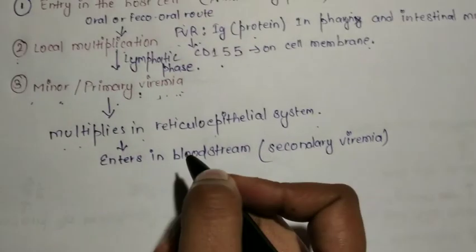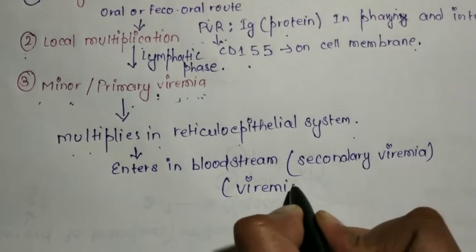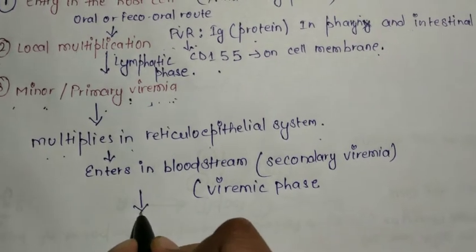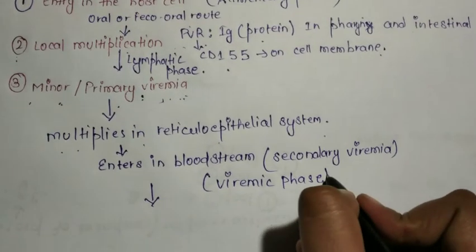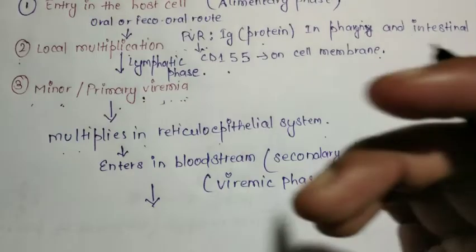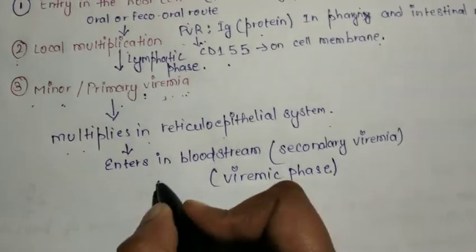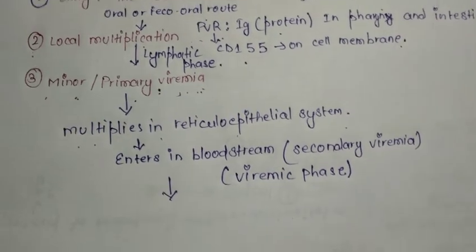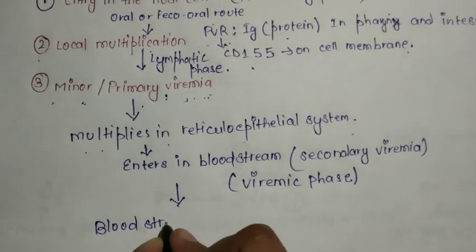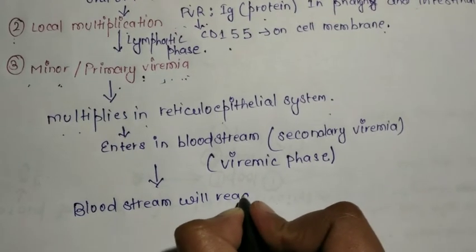Then this phase is called the viremic phase. After this viremic phase, the polioviruses can survive and multiply within the blood and lymphatic system for at least 17 weeks. After the viremic phase, the bloodstream will reach the spinal cord.